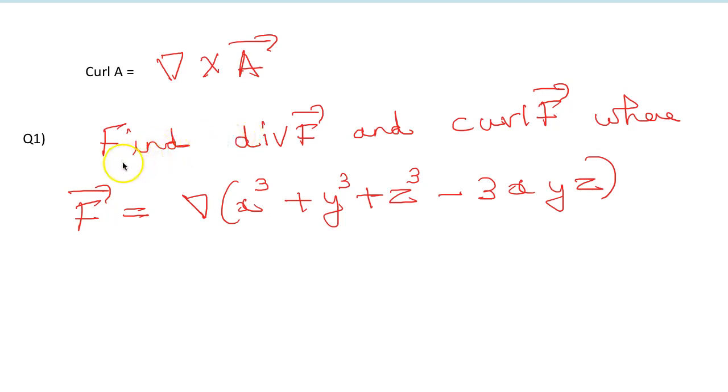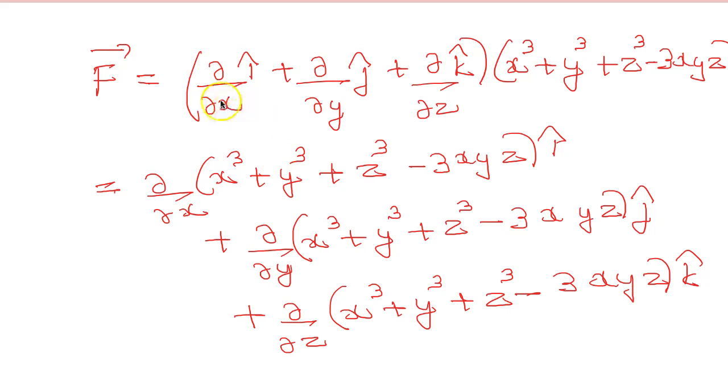Coming to problems, find divergence of f and curl of f, where f is del of x cube plus y cube plus z cube minus 3xyz. So f is basically del by del x i plus partial derivative with respect to y j plus partial derivative with respect to z k of f.